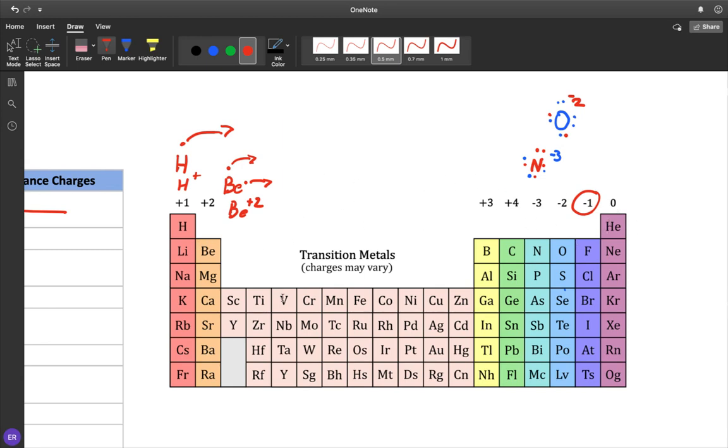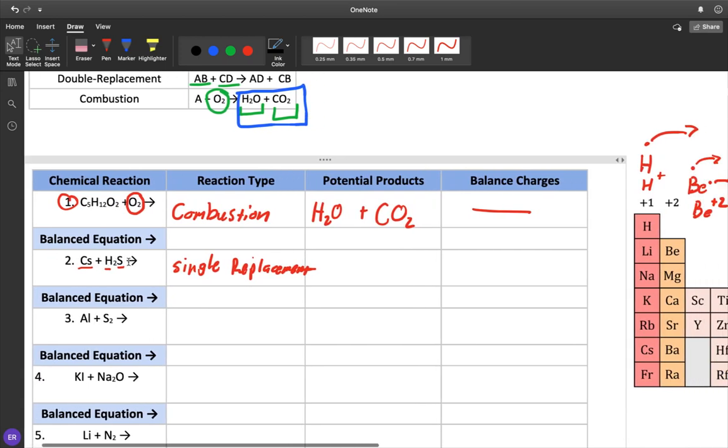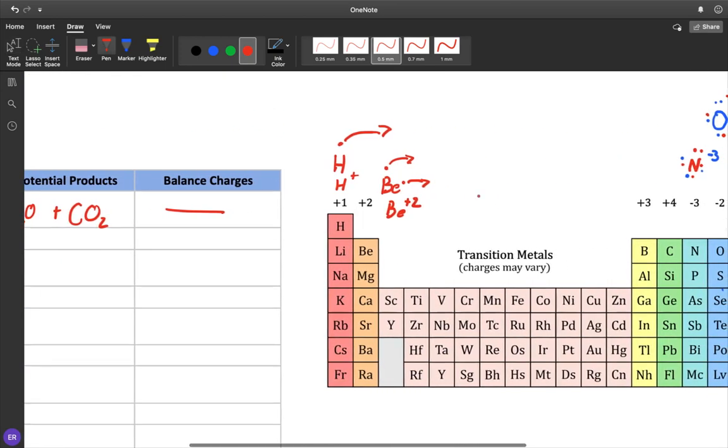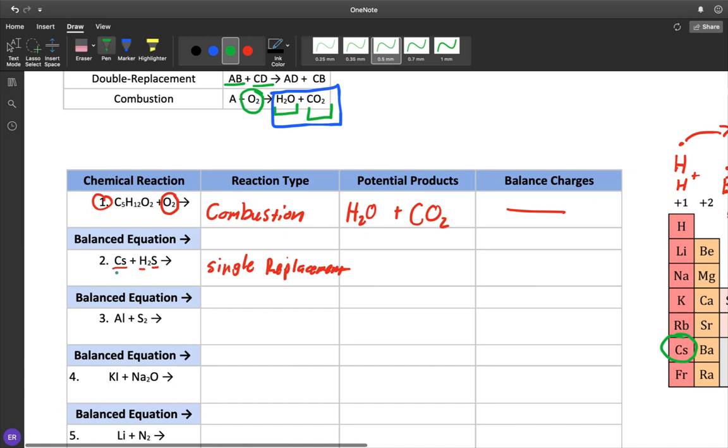But you also have this sheet right here. Okay, so let's go back. Our single element right here is Cs, so let's go ahead and look for Cs. Cs we have right here in group 1, so its charge is going to be +1. Right now, I'm just going to say that it's positive.